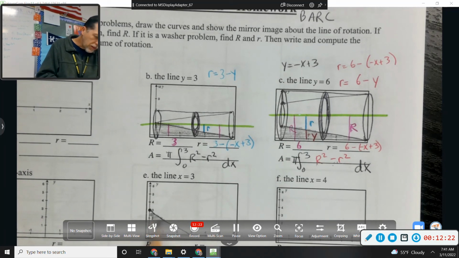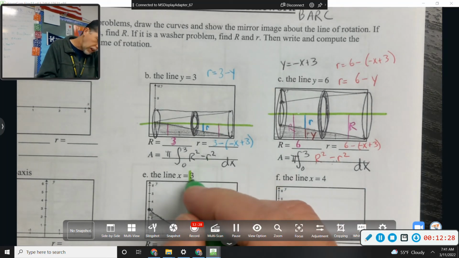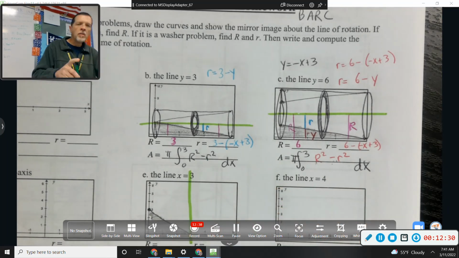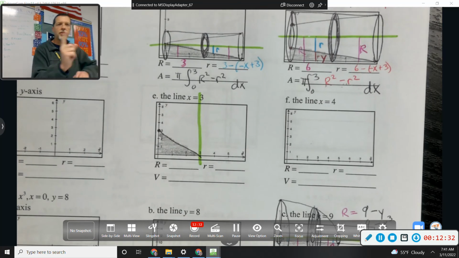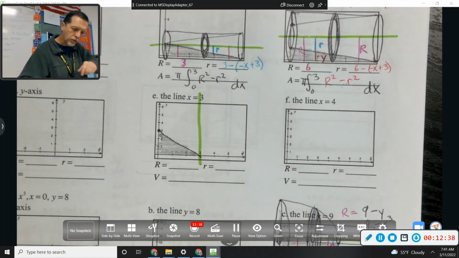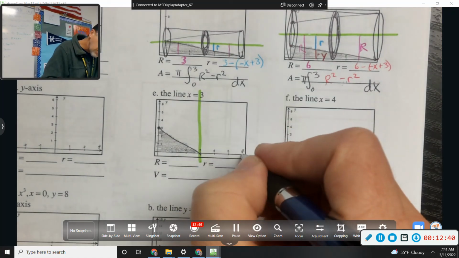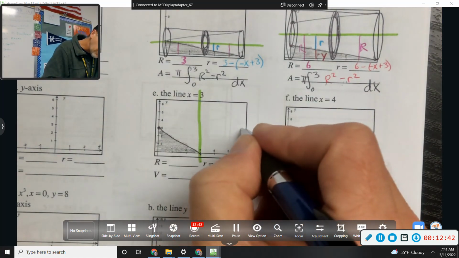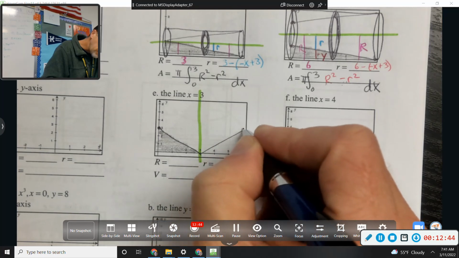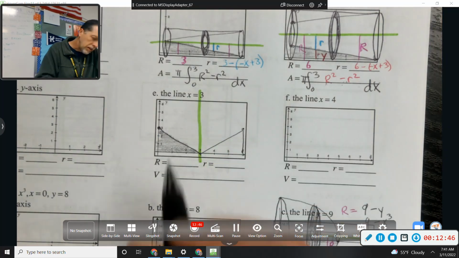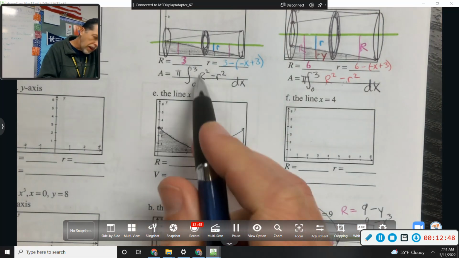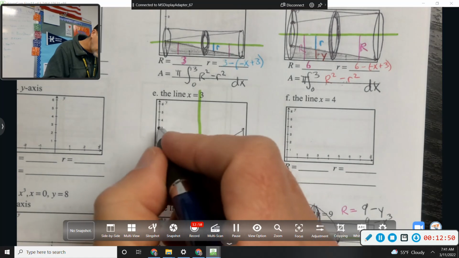So same base as the other ones in number 1. Axis x equals 3. Right away I realize this is a different rotation. My discs, or I guess my washers, will be stacked up in the y direction. So: base, axis, reflect, and then circles.